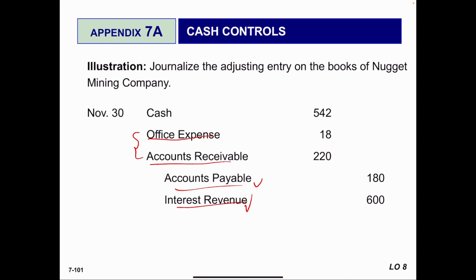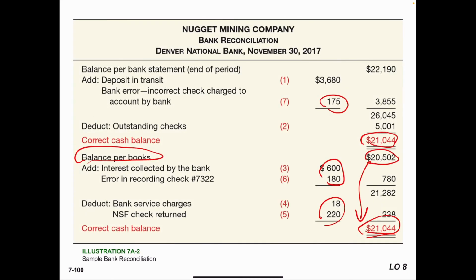So we debit cash $542. Okay, so that's the net adjustment for these 4 adjustments we reconciled in the prior table. Okay, after making this journal entry, the firm should report the cash balance of $21,044.